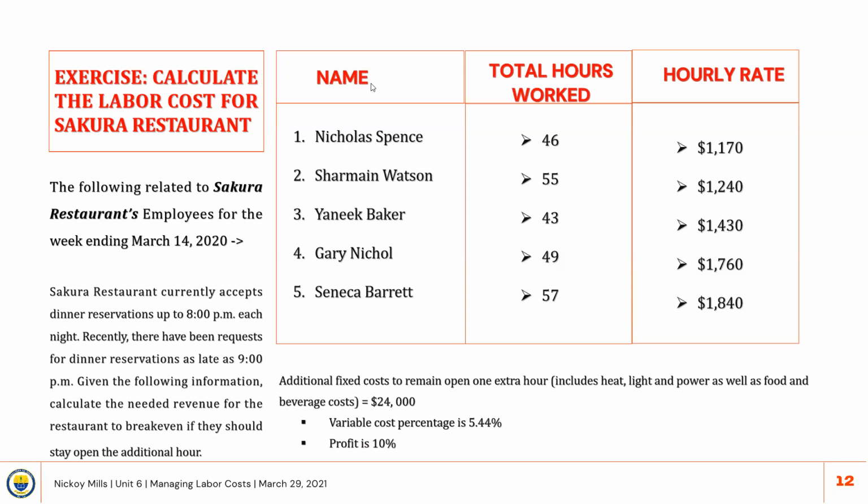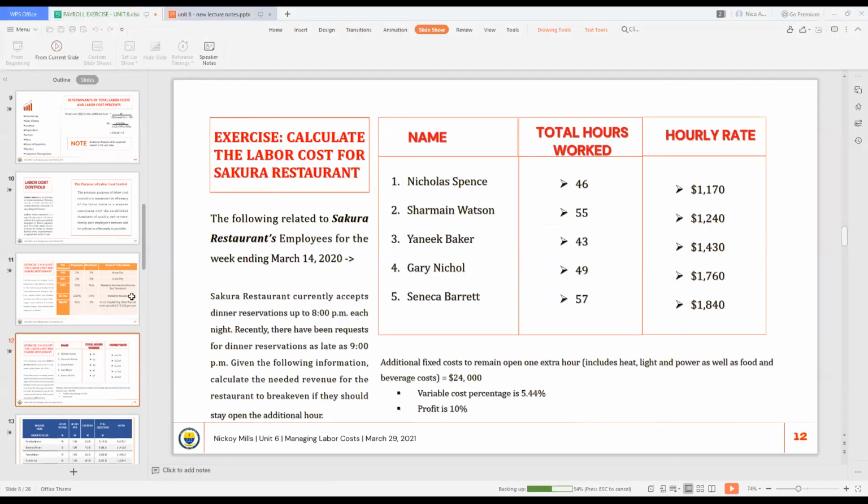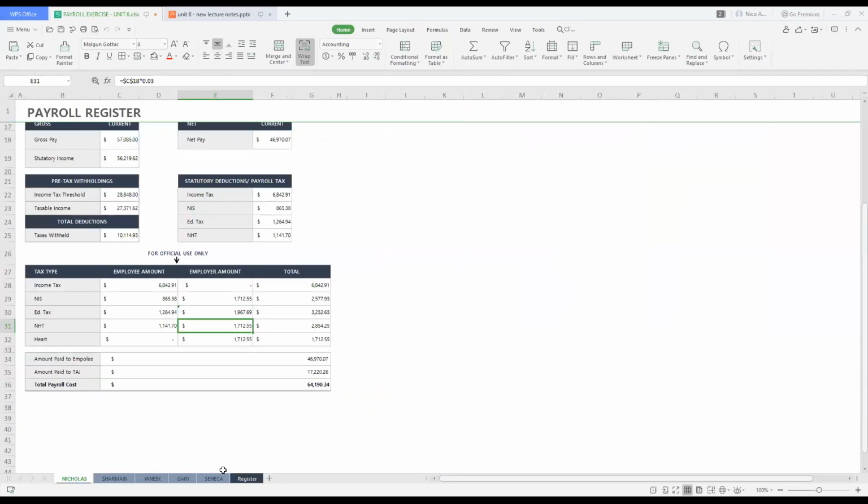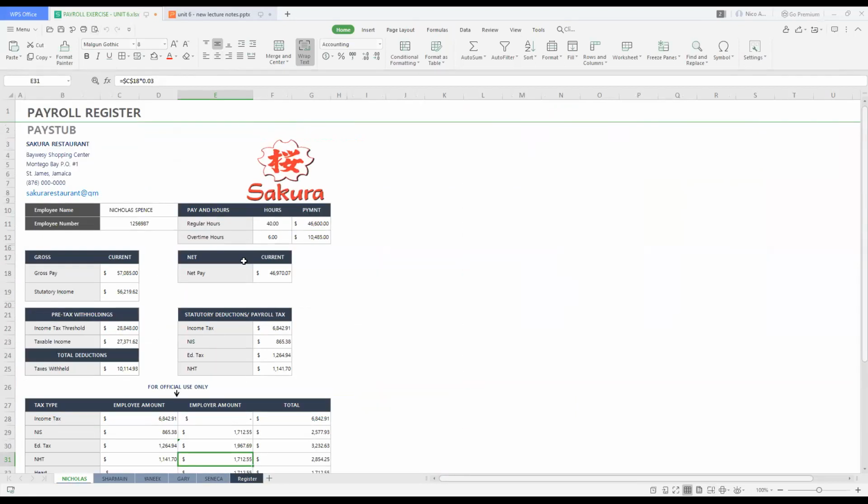So let us look at Nicholas first. The regular hours is 40, and that is 40 at $1,170.